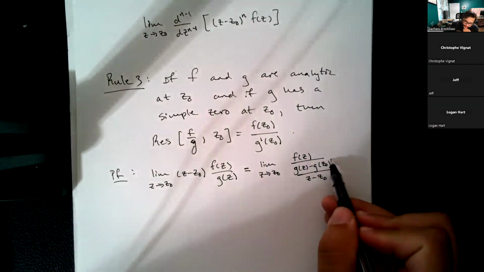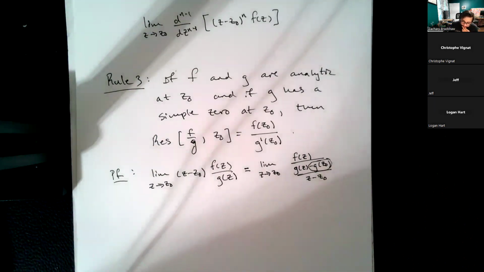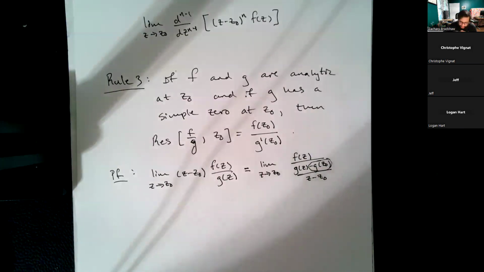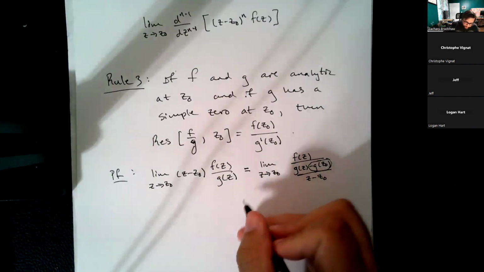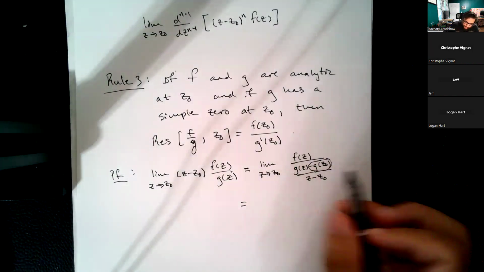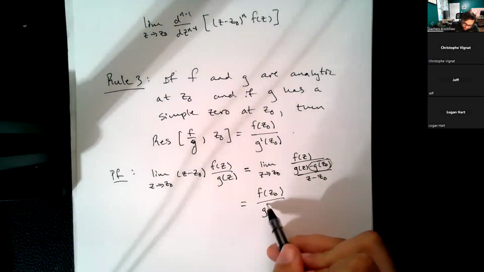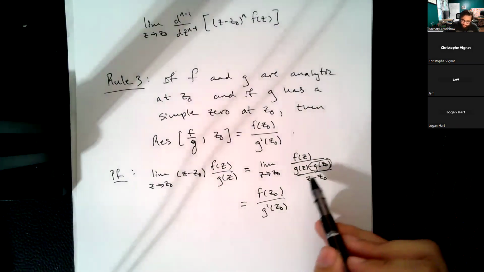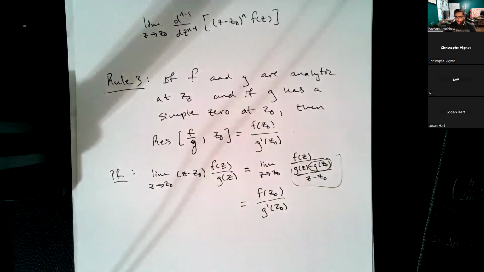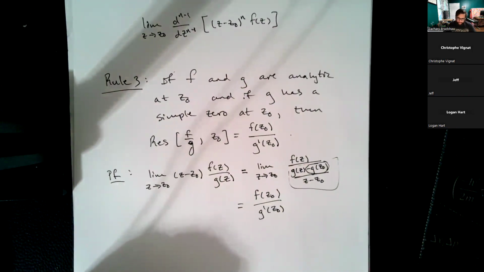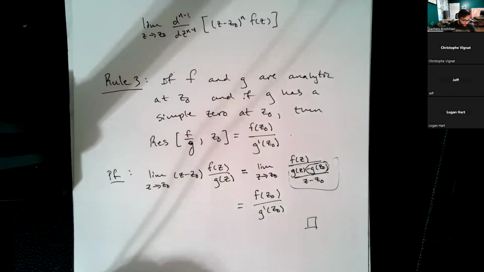I just realized I don't know where this term comes from. I mean, it's 0 by assumption. Yes, thank you. Okay, so we take the limit and we get f of z0 over g prime of z0, right? Because this is our difference quotient. We take the limit, it becomes the derivative. Thank you, Logan.